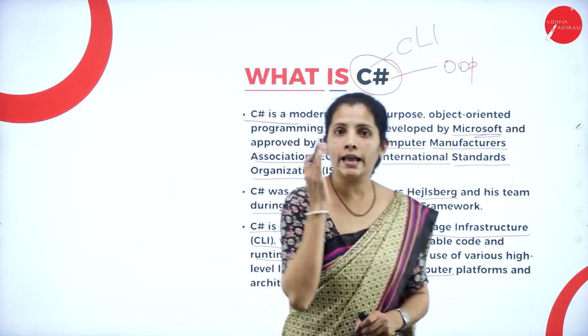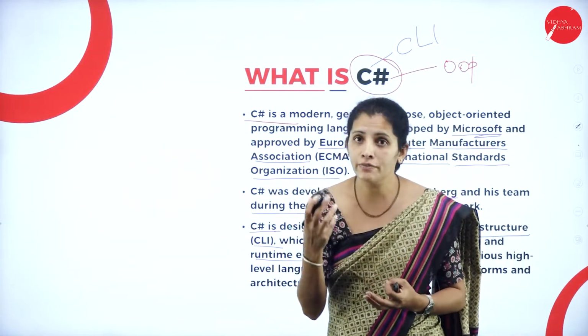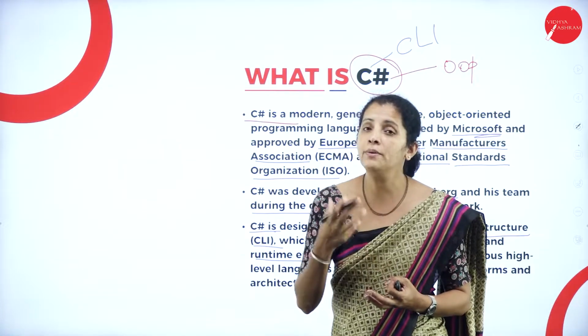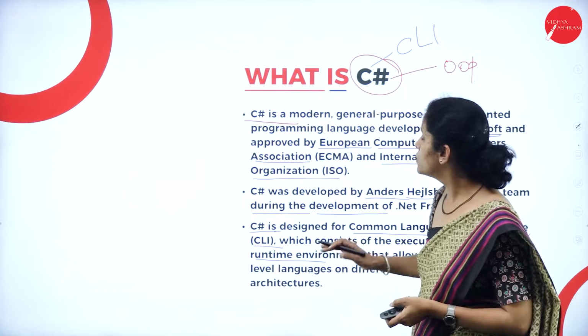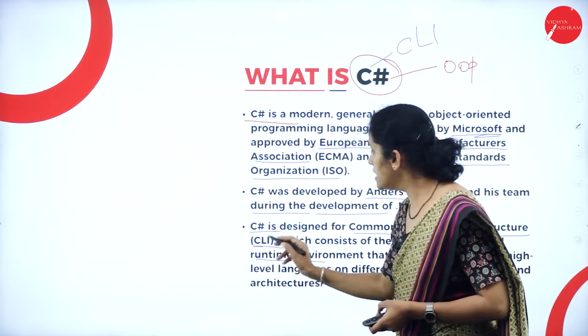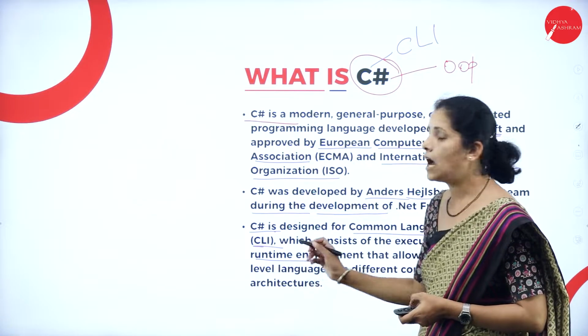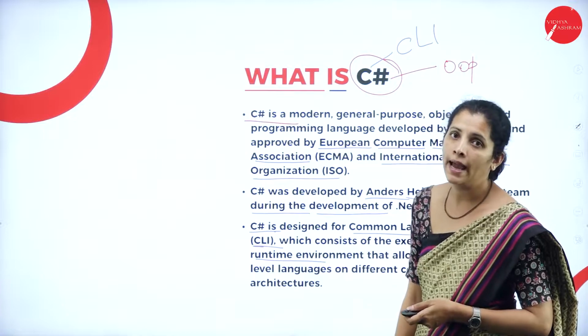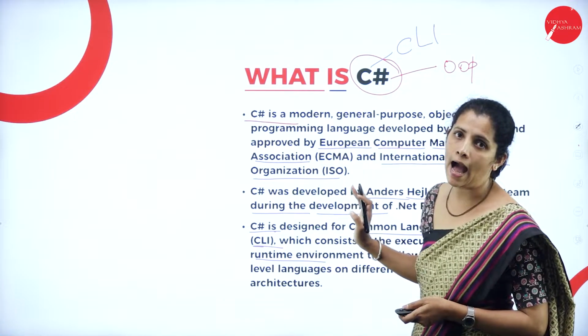That means I can run the .NET framework on different computers, that is different platforms with different architectures. So here the .NET framework includes CLI, the common language infrastructure, along with the runtime environment. So this is all about C#.